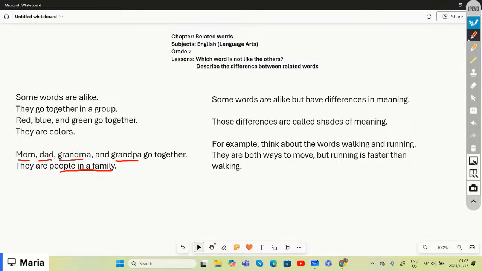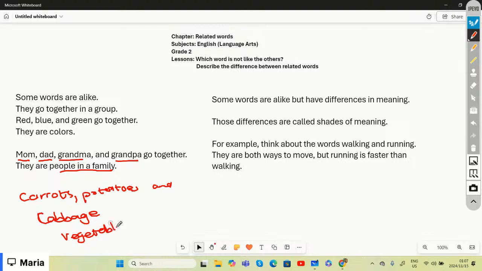We can even say carrots, potatoes, and let's say cabbage. So carrot, potato, and cabbage, they go together, and we can say maybe they are vegetables.